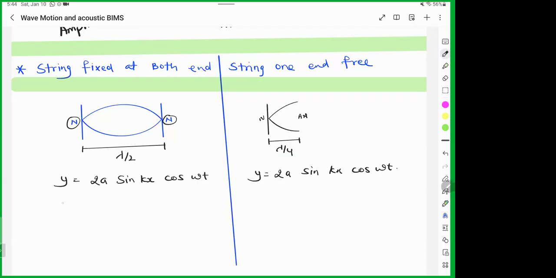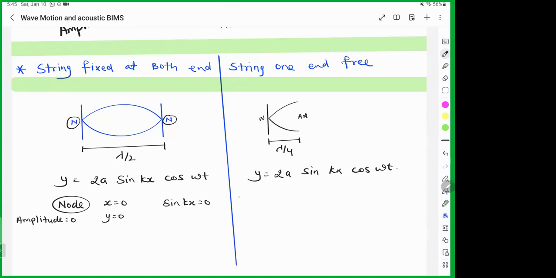Next, in this situation, you know at the point of node, x value will be 0. If x value is 0, then sin kx value will also be 0. And if this is 0, then your displacement will also be 0. Because at the point of node, your amplitude is 0, that's why y is 0.